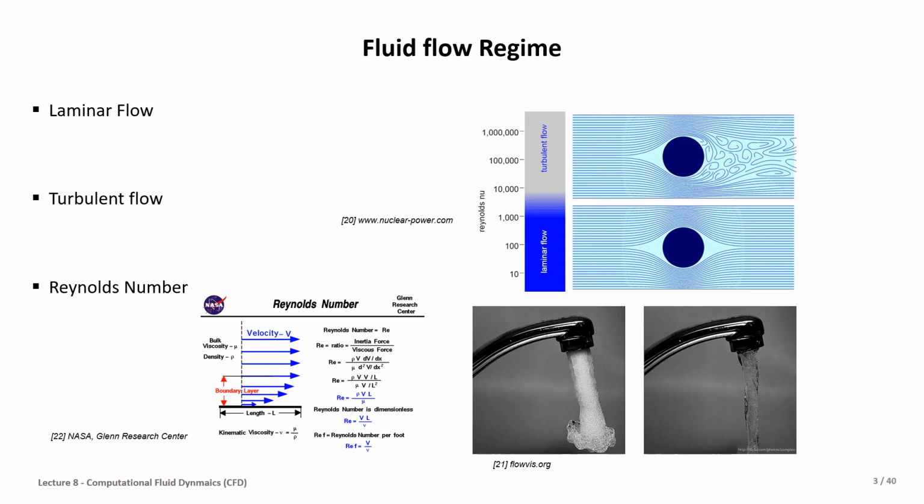As an example, in this slide, you see the flow passing a cylinder. In the lower figure, the laminar flow has a symmetric streamline before and after the object, which we can call upstream and downstream.